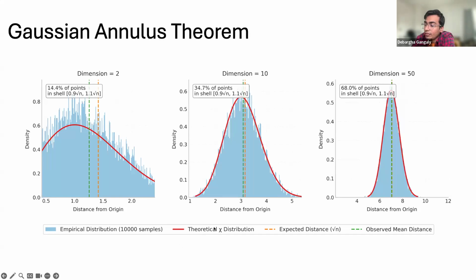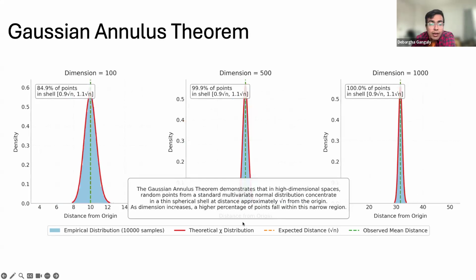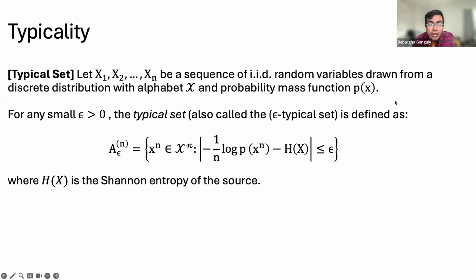The orange dotted line is your expected distance, and the green one is your observed distance. As we tend towards a 1,000-dimensional setup, almost 100% of the points fall within this little shell between 0.9 of root n and 1.1 of root n.